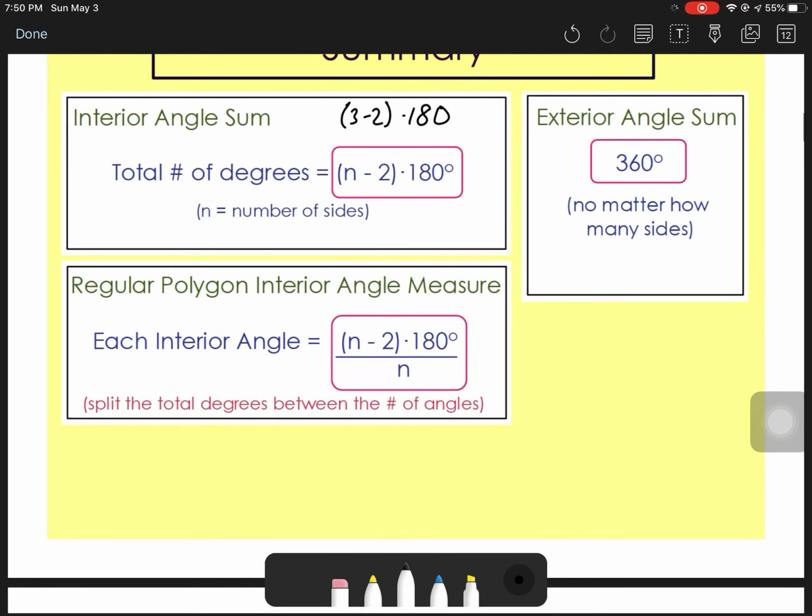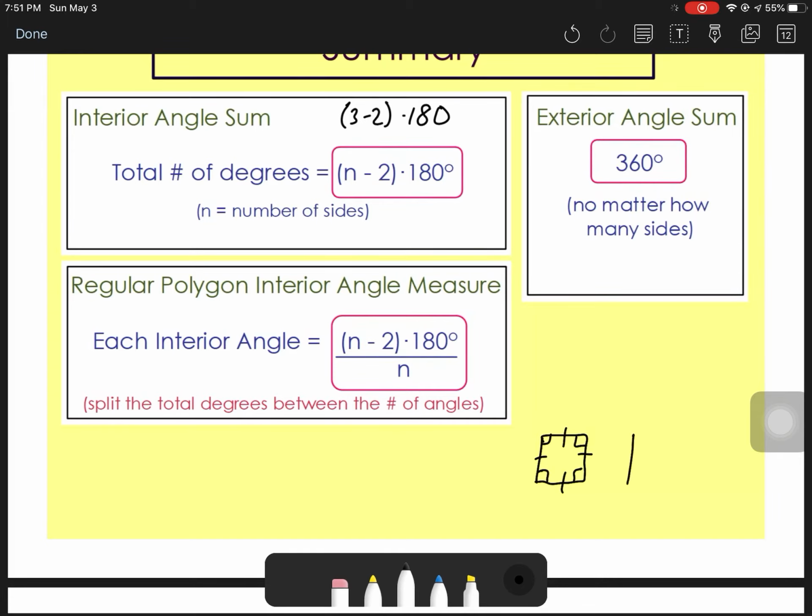Now, the regular polygon interior angle measure. A regular polygon is something we need to be careful about, because a regular polygon has the same sides and the same angles. A square is a regular quadrilateral, but a rectangle is not, because if we look at a square, all sides are the same, all angles are the same.